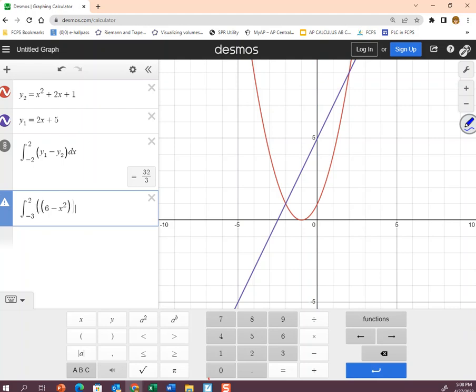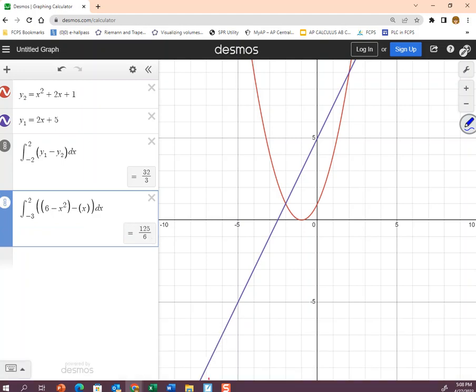We need a set for the first function, and then we need a minus, and then a set for the second function, which in this case was just x. Close up the whole thing. This is why it's a little easier to have them with those special y names. dx. What did I tell you that answer was? Boom.